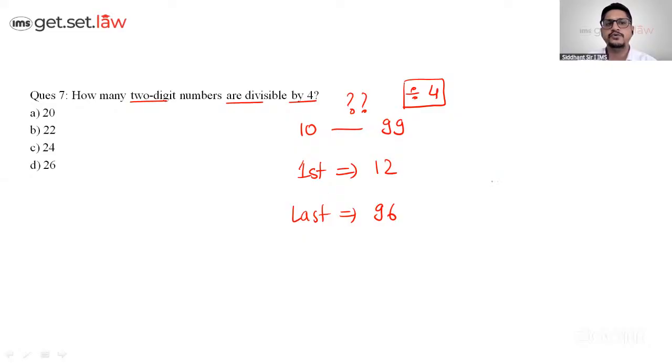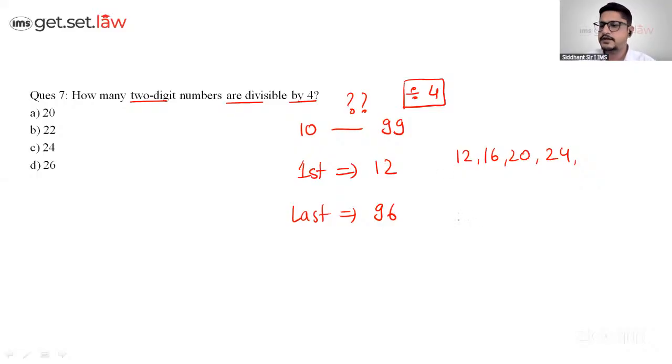If you keep on counting, your numbers will start with 12, 16, 20, 24, and so on. This is a manual calculation. Maybe someone who's very good in multiplication can count it fast, but this is going to take your time.